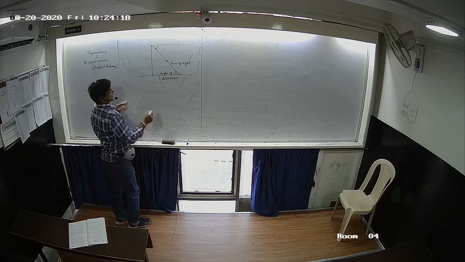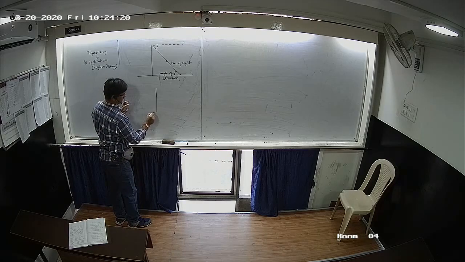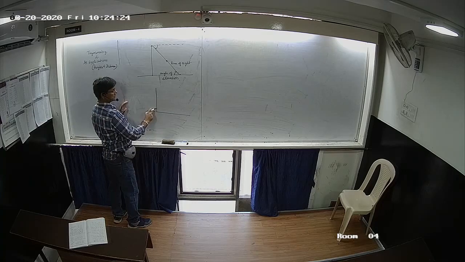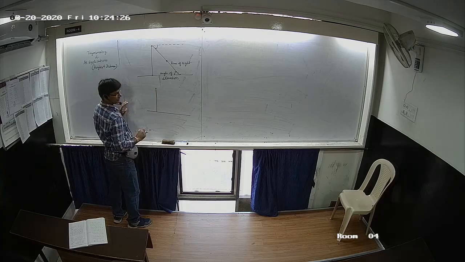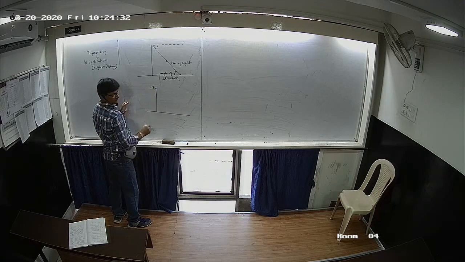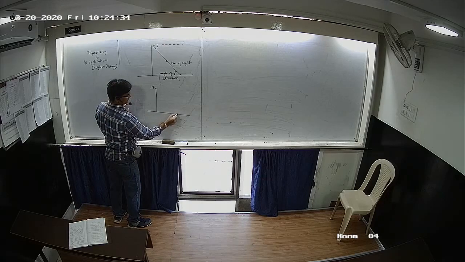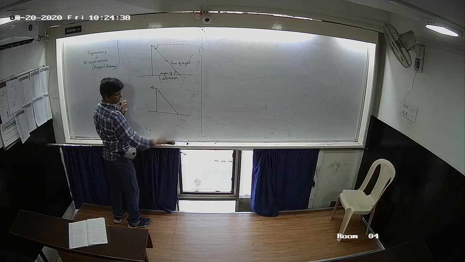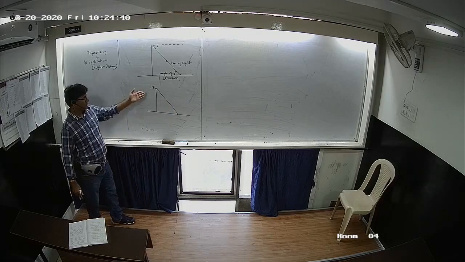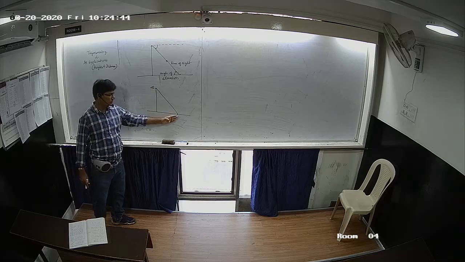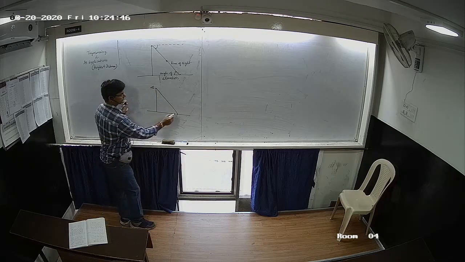At the same time, this is the ground and this is the building, this is the top of the building, and the man is observing from the top of the building something lying on the ground. A ball fell down from the top of the building and he is looking at the ball on the ground.